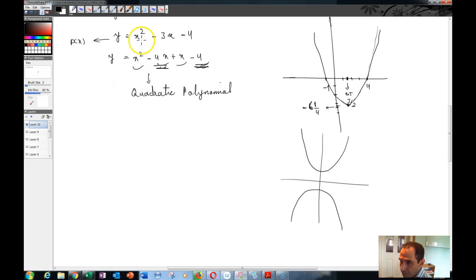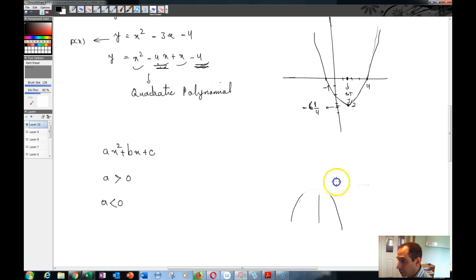If you have ax squared plus bx plus c, if your a is greater than 0, then you will have this kind of situation where your graph opens upwards. If your a is less than 0, negative, then your graph will open downwards, as you can see over here.